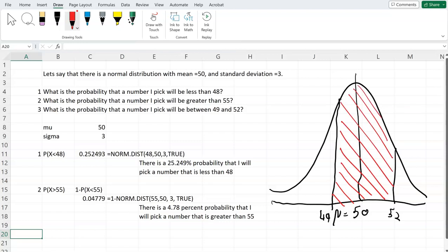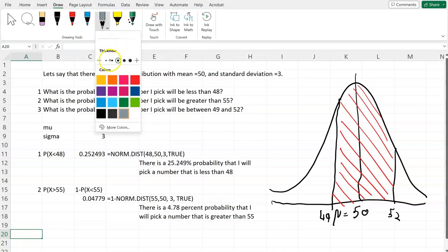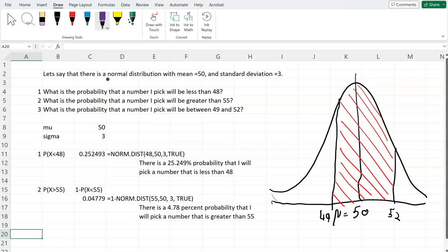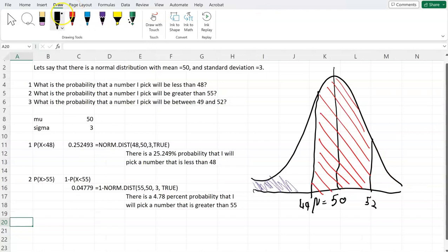Now the thing is, we said that Excel always measures stuff from left to right, so I can find the probability of, let's say, the area of this region, which is the probability that x is less than 49.